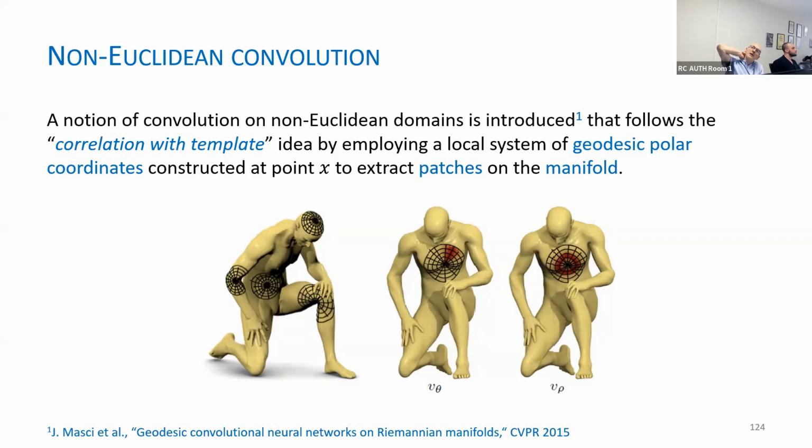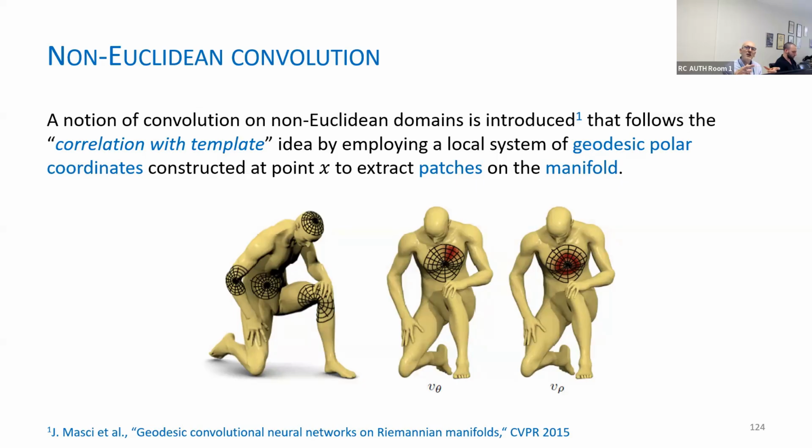And so here you see from these figures that the idea is to define a way to perform a convolution on a generic surface, so on a generic manifold. To perform convolution, we need to define, given a central point, a region around this point, and we need to have some ordering within this region, because this is what we do for an image.